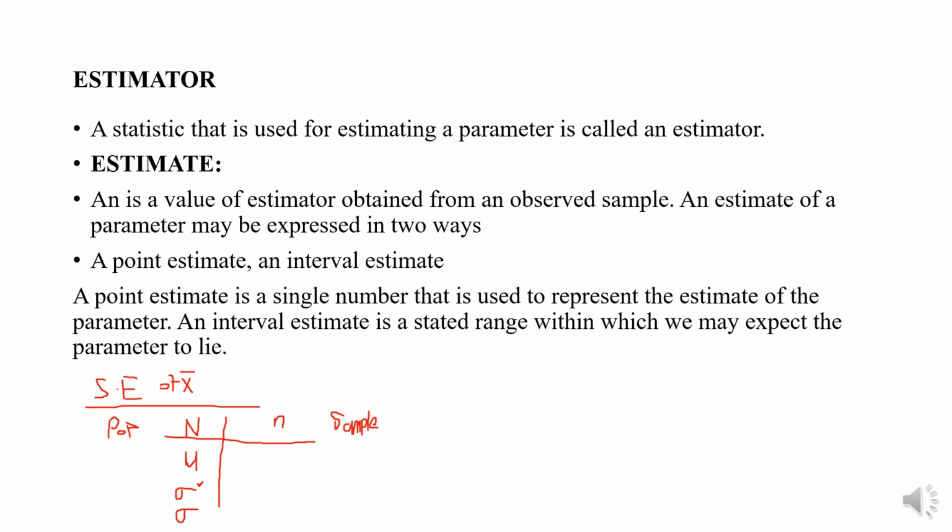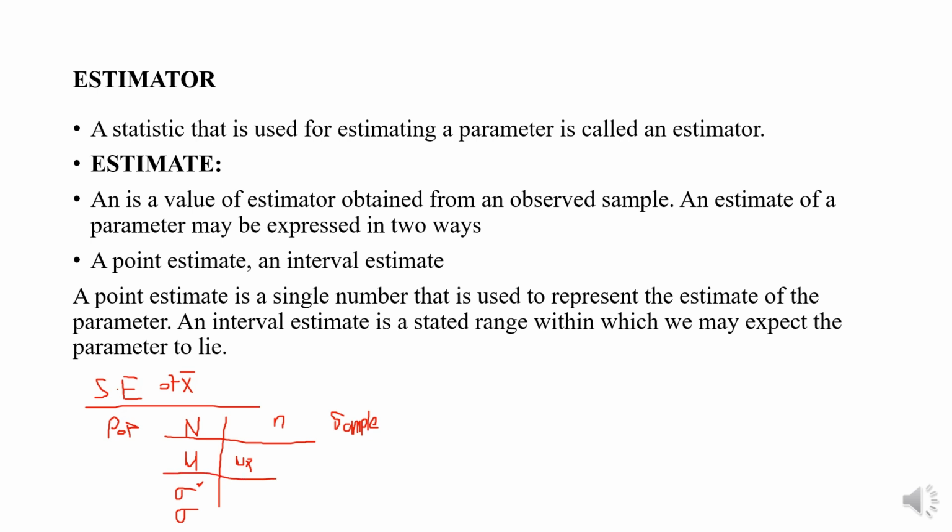The next one is the mean of the distribution of x bar. We will present it with the help of mu x bar. This is the mean of the distribution of x bar.